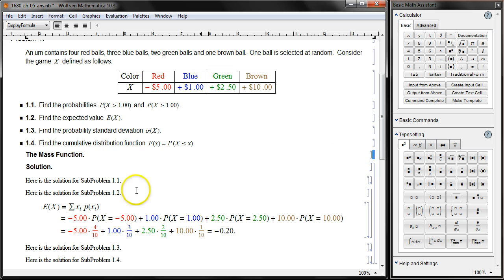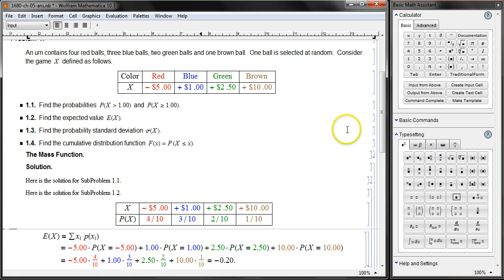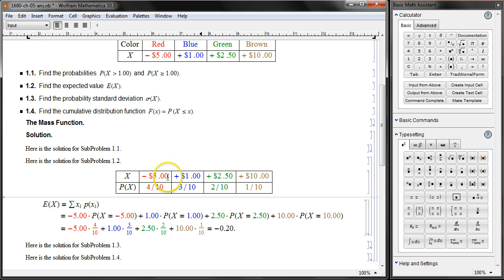So, okay, here's the mass function, all right? And then possible x value, -5 times the probability. Next possible x value times the probability. Third possible x value times the probability.